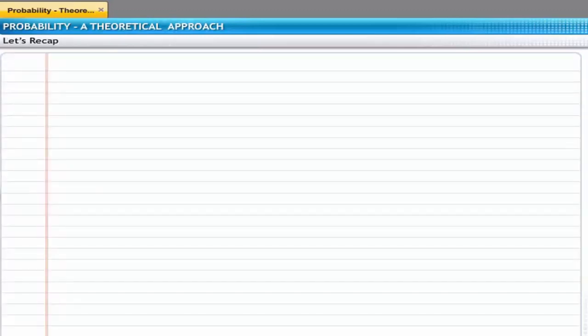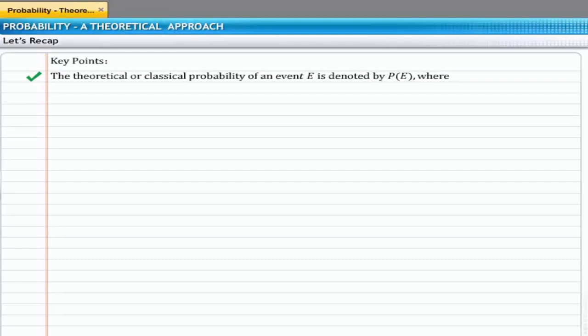You have reached the end of this section. Before moving on to the next section, let's recap the key points covered. The theoretical or classical probability of an event E, denoted by P of E, is equal to the number of outcomes favorable to E divided by the total number of possible outcomes.